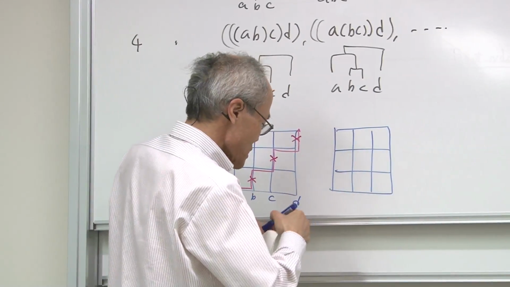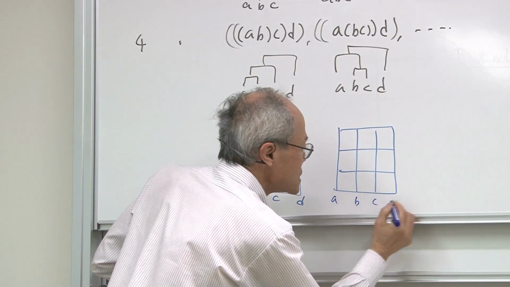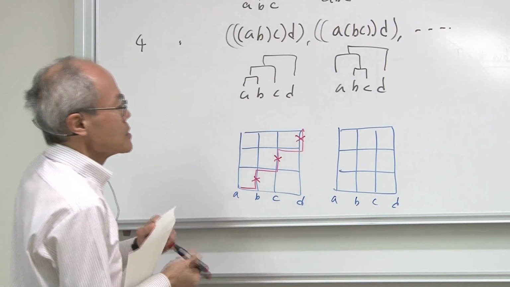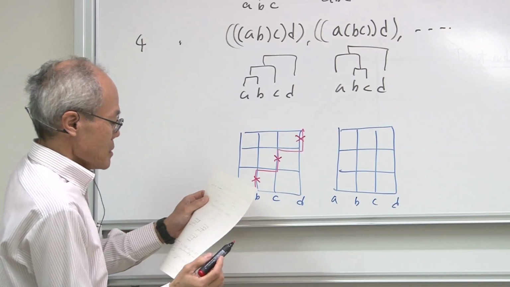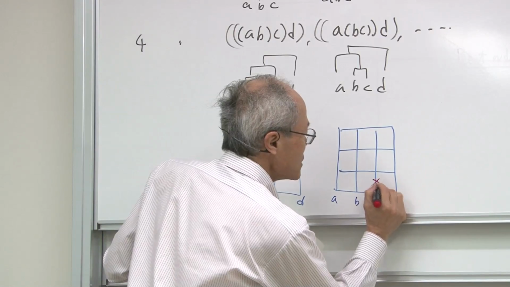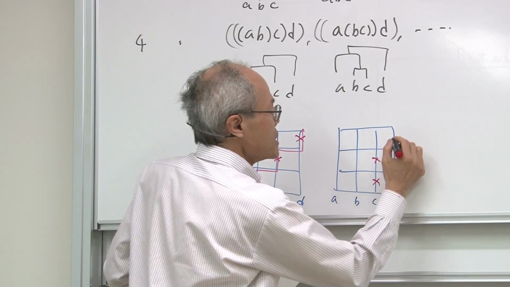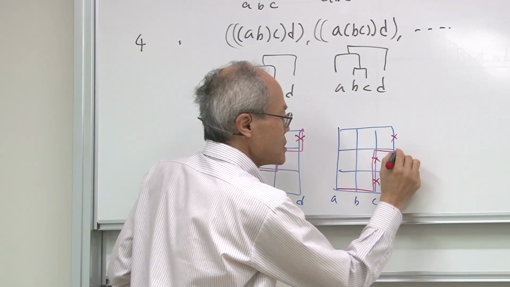And this one is just the same thing. A, B, C, D. Then we first multiply B and C. So you first multiply B and C, then A and B and C. So the route looks like this.